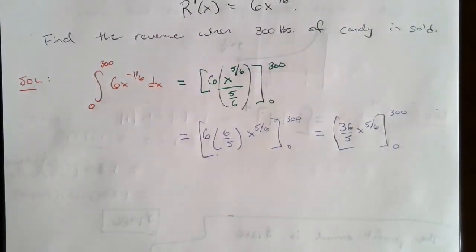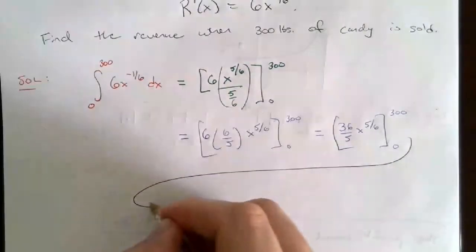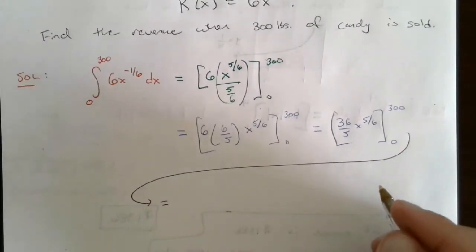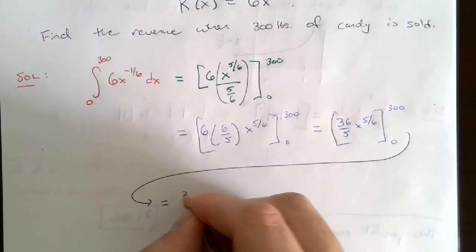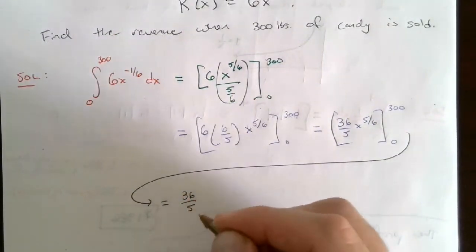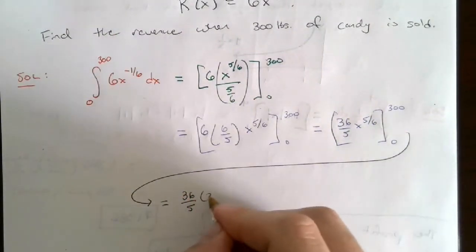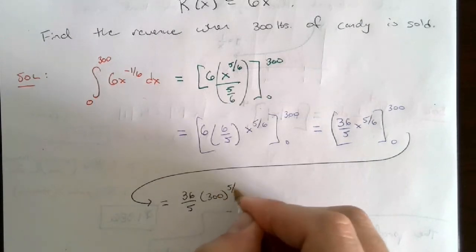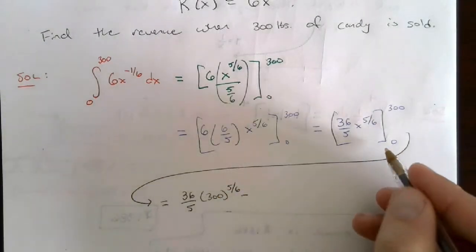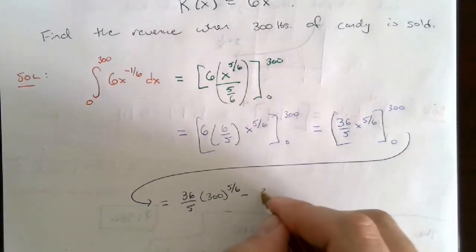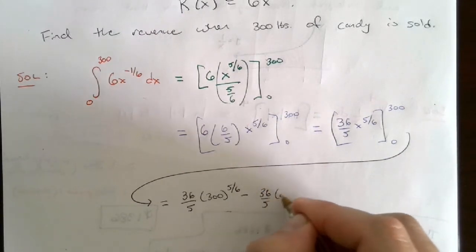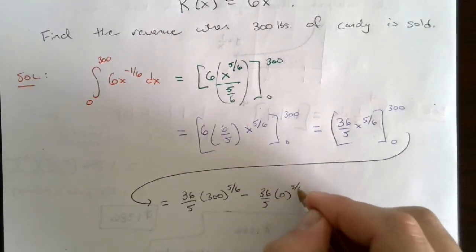And then make sure you remember how to evaluate here. You substitute in the upper limit first, so we have 36 over 5 times 300 to the 5/6 power, minus substituting in the lower limit, we'd have 36 over 5 times 0 to the 5/6 power.